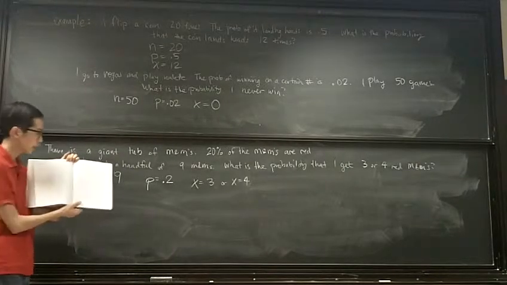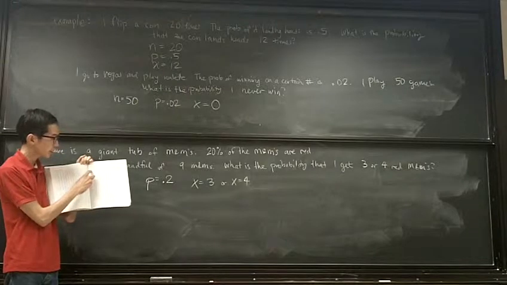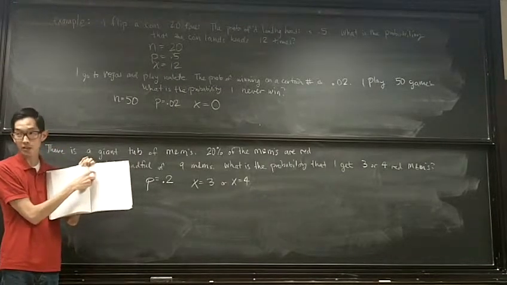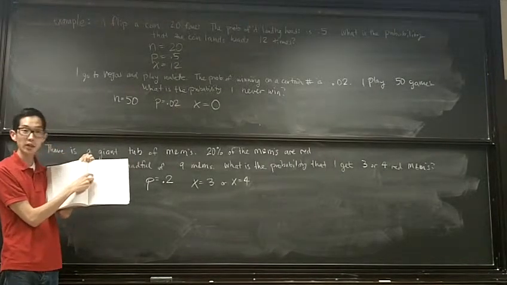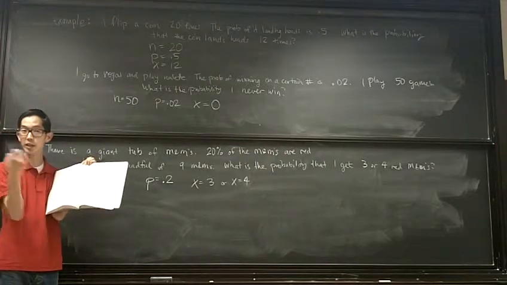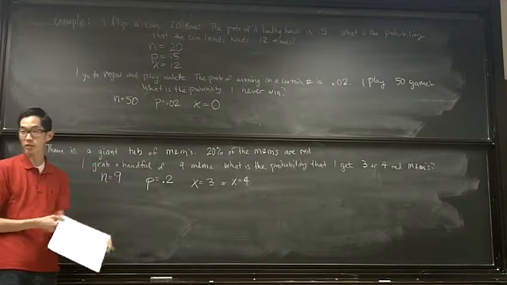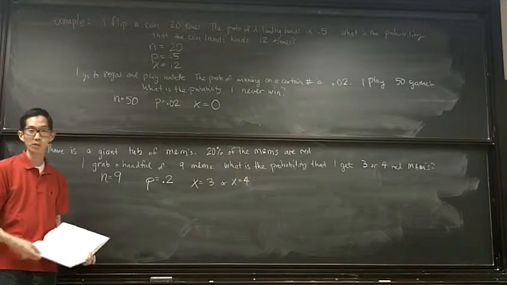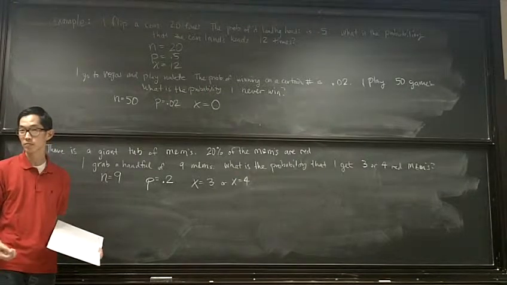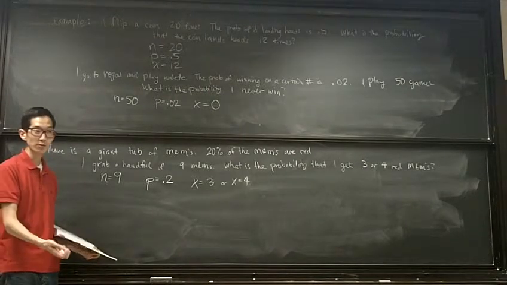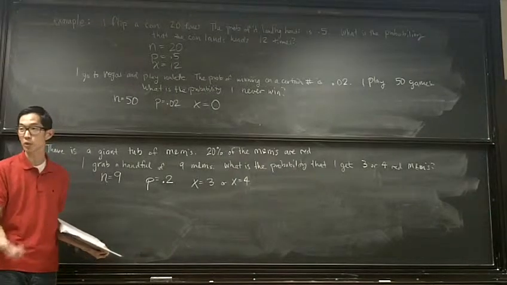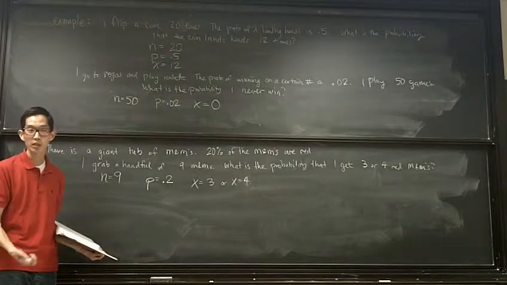You see that? All right, and you can see n equals 9, and then next to n there's an x, and x goes from 0 to 9. Because when you pick 9 M&Ms, or 9 whatever it is, what's the fewest number of red M&Ms you can see? 0. What's the most number of red M&Ms you can see? 9.